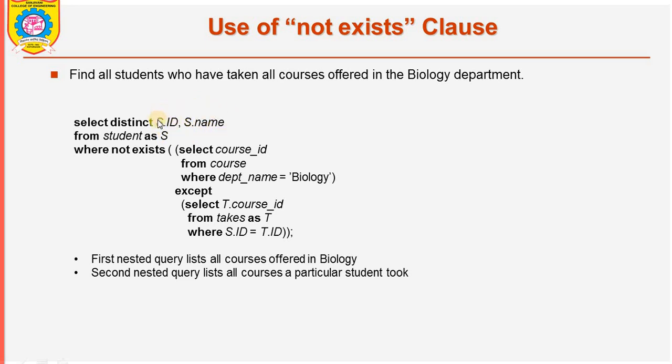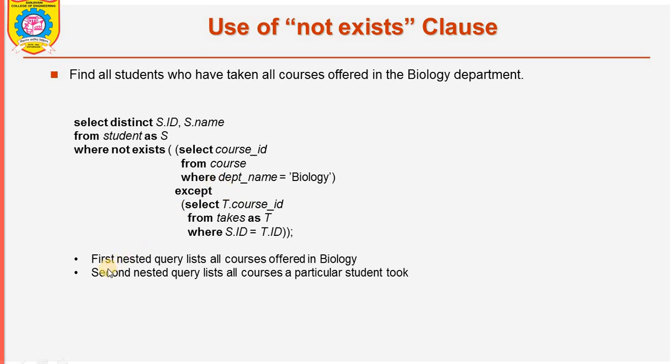Then with the help of this S.ID and S.name, we are checking inside the subquery: select course_id from course where dept_name is equal to Biology, except select T.course_id from takes as T where S.ID is equal to T.ID.